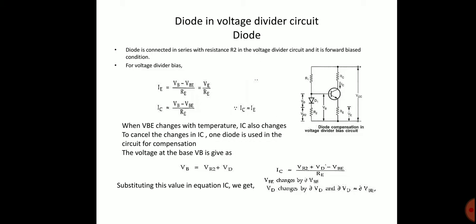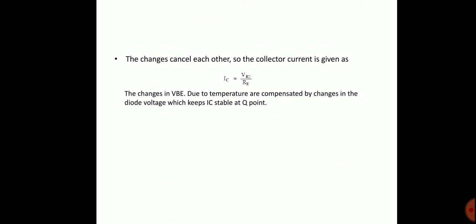When VBE changes with temperature, IC also changes; to cancel the change in IC, one diode is used in the circuit for compensation. The voltage at the base VB is given as VB equal to VR2 plus VD. Substituting this value in the equation, we get IC. Now the changes cancel each other, so the collector current is IC equal to VR2 divided by RE. So the changes in VBE due to temperature are compensated by changes in the diode voltage, which keeps IC stable at the Q point.